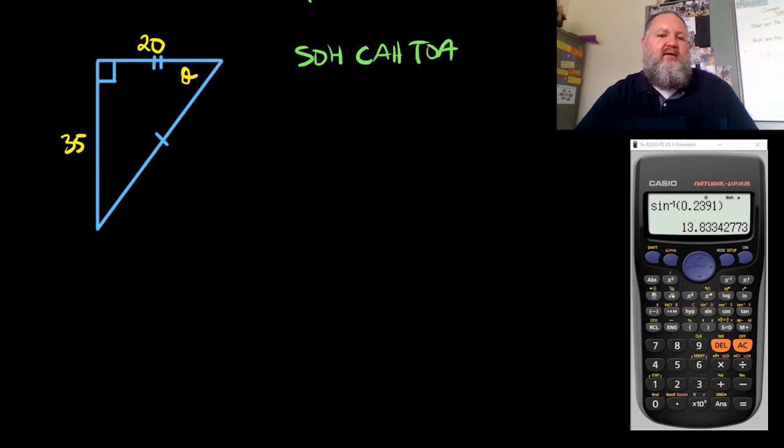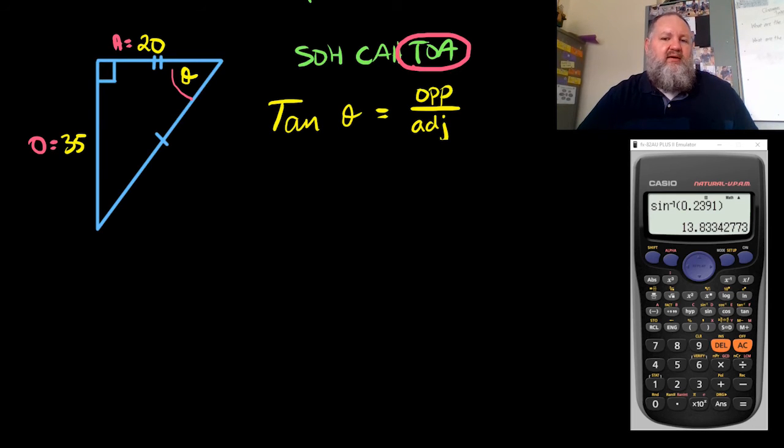What sides do I have in this particular triangle? What have I been given? Well, the angle's down here, which makes this one over here the opposite, and this one next to it the adjacent. We don't have any hypotenuse, so with the adjacent and the opposite, we know that it is going to be tan.